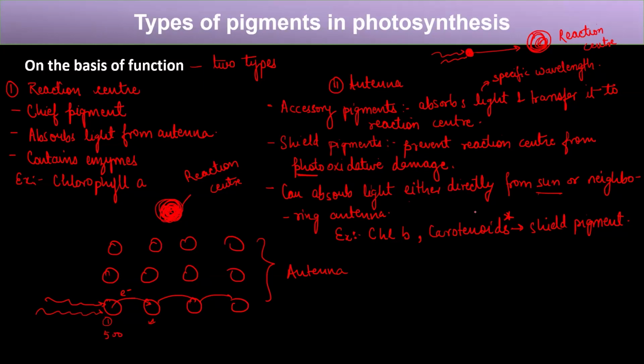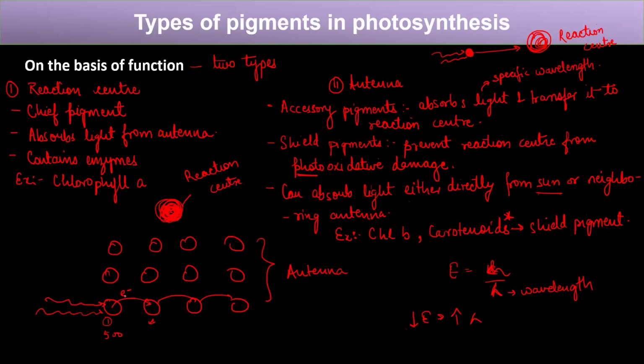And why does this happen? Because we know with the formula that E is equal to hc by lambda, so energy is inversely proportional to lambda, that is wavelength. Higher energy means lower wavelength, and lower energy means higher wavelength.